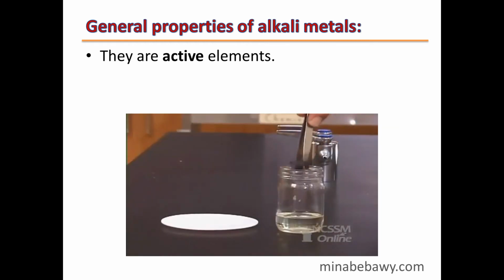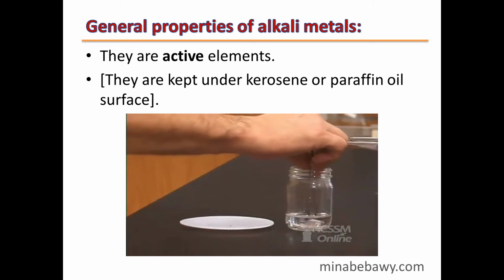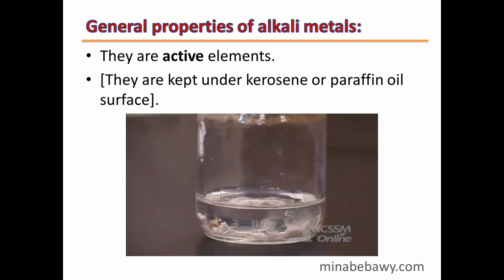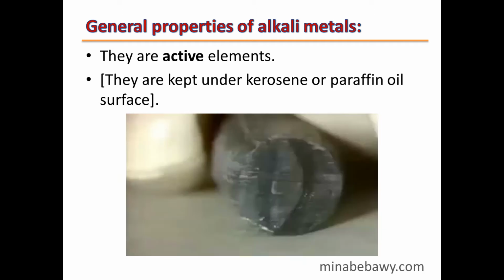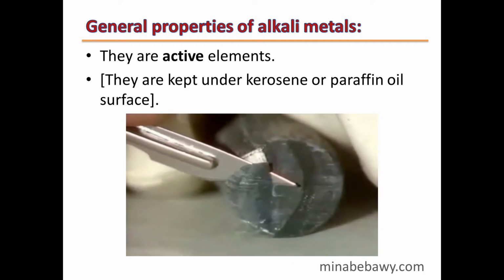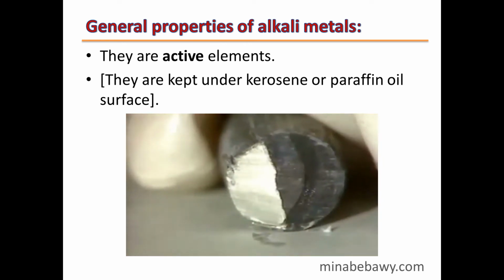The fifth property is they are active elements. So they are kept under the surface of kerosene or paraffin oil. As you can see, if we try to remove the outer layer of rust from lithium, we will see that the layer of rust will be formed again.